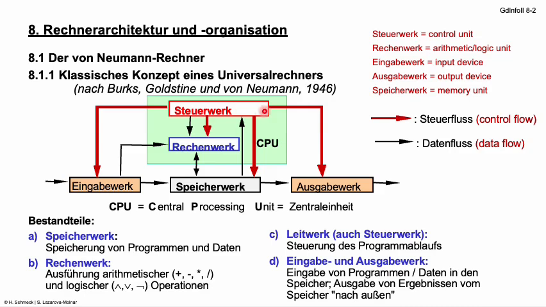The control unit controls the output device, the input device, the memory unit, and the arithmetic logic unit. With the black arrows, we can see the data flows.